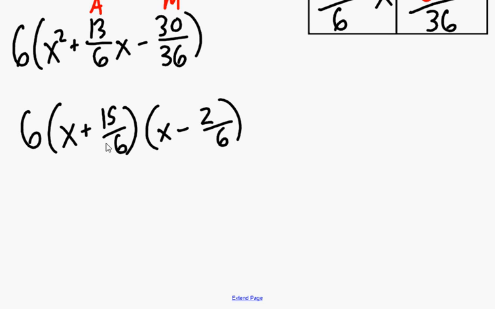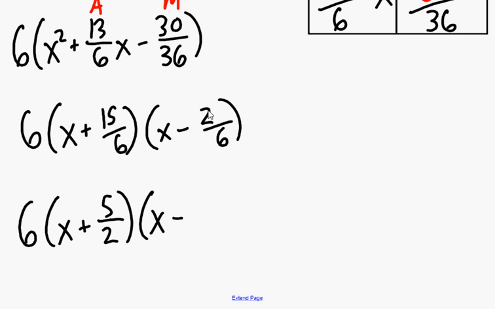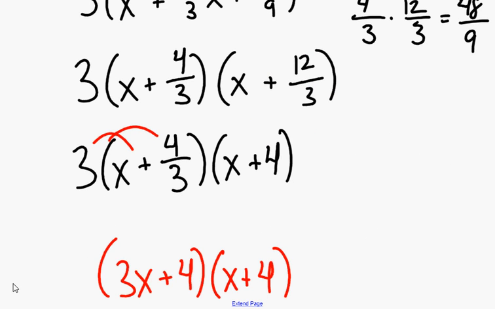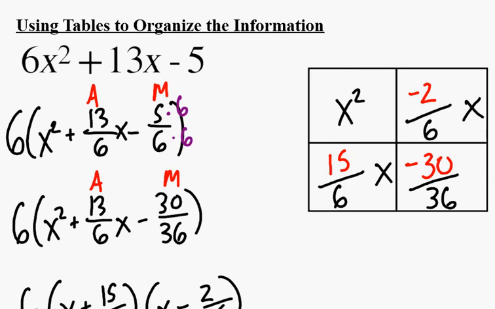If they want to check their answer, if this was just factoring, I would maybe say, let's simplify these. And when I simplify these, divide the top and bottom by 3, I get 5 halves. Divide 2/6 again by 2 on top and bottom, I get 1/3. So I see, similar to the last case, where this one that didn't simplify because it has a denominator of 3 needs a 3 to multiply through.